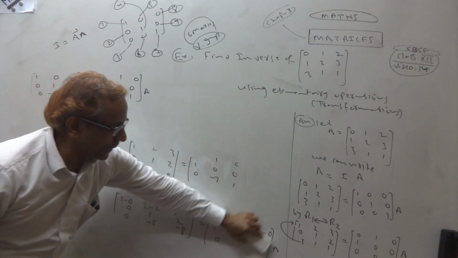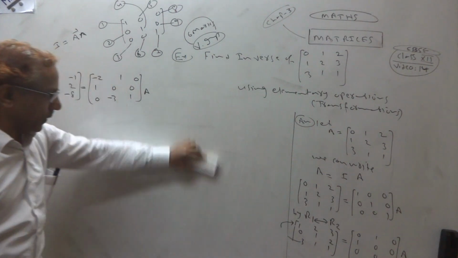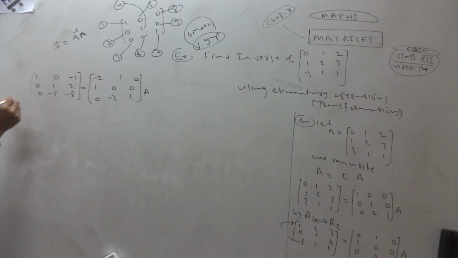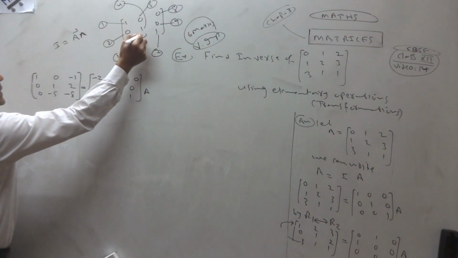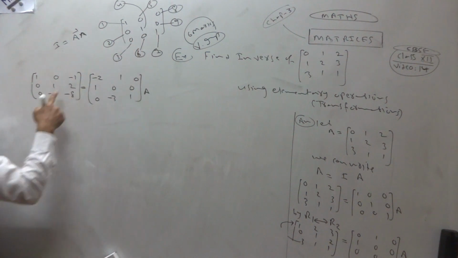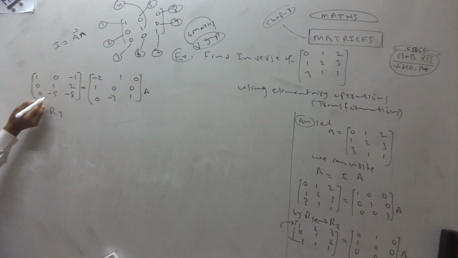The next step, you got 1, 0, 0, 0, 1. Now you should get 0 here. Sixth step. How can I get 0 here? R3, you have to change R3.